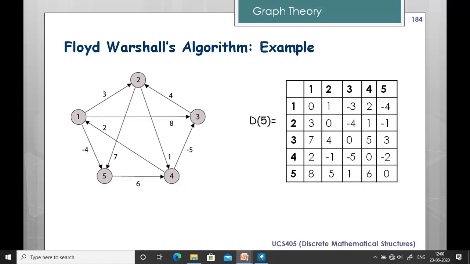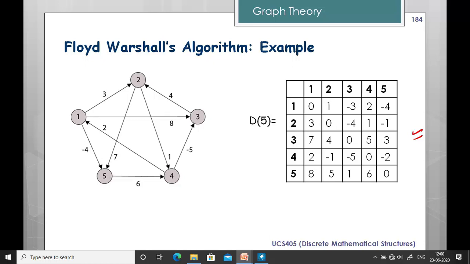And this is the final matrix, that is D5, and this one was the D4 matrix in which no infinity is there, and the last row and last column will remain the same, that is the fifth row and fifth column. Finally we are going to calculate the D5 matrix. In this case there is no such infinity, and finally this is the answer.